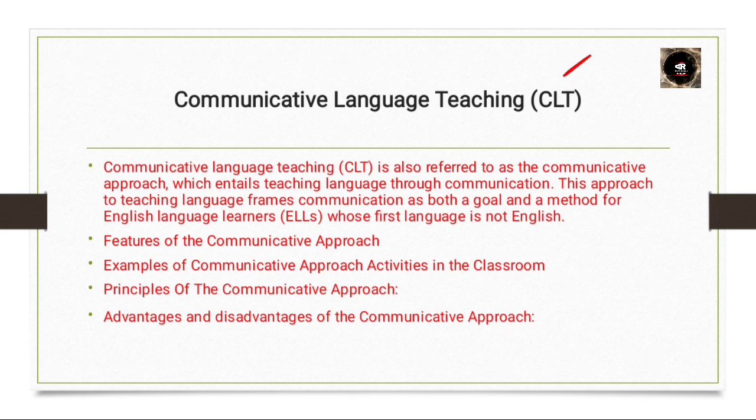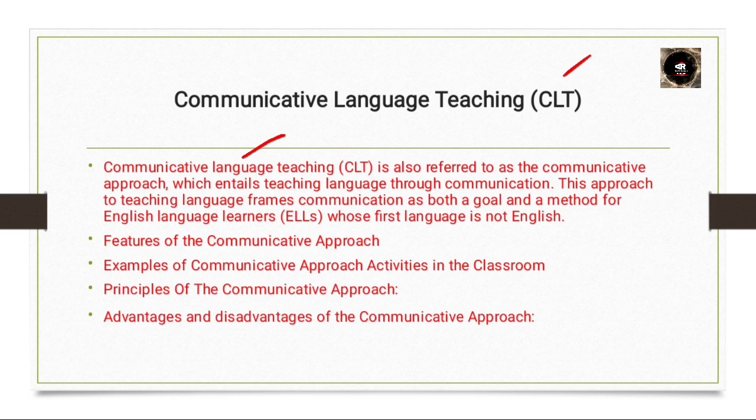This approach to teaching language frames communication as both a goal and a method for English language learners whose first language is not English. Communicative language teaching prioritizes developing students' communication and interaction skills.